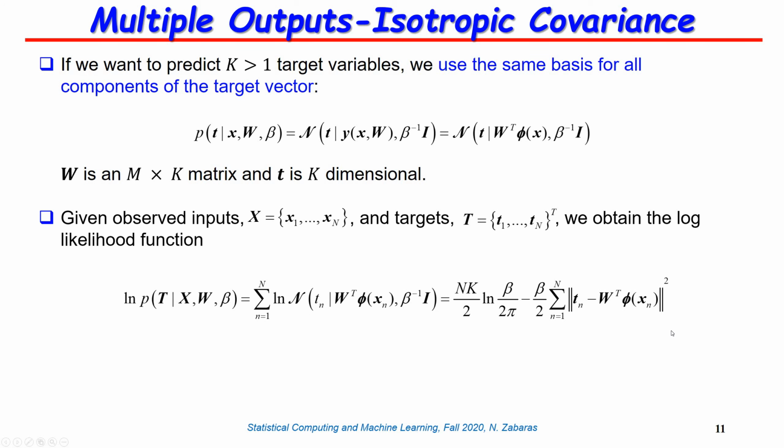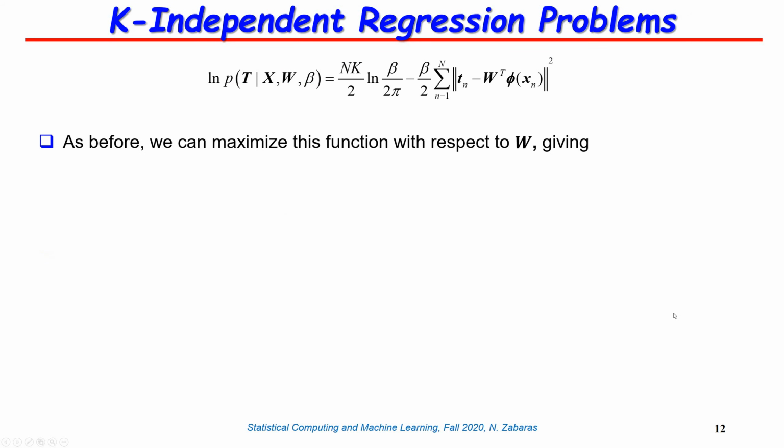So what you will need to do is write your log likelihood and then use everything you learned about differentiation and take derivatives of this with respect to the matrix W and with respect to beta. If you take derivatives with respect to W, this is the wonderful result that you get. It looks exactly like what we did before with least squares.